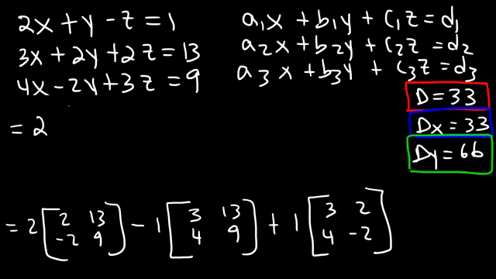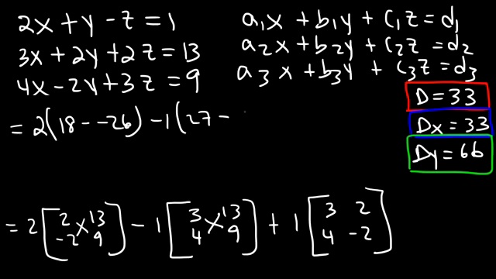So this is going to equal 2, and then 2 times 9 is 18, and then minus negative 2 times 13, that's negative 26. And then minus 1, 3 times 9 is 27, 13 times 4 is 52.